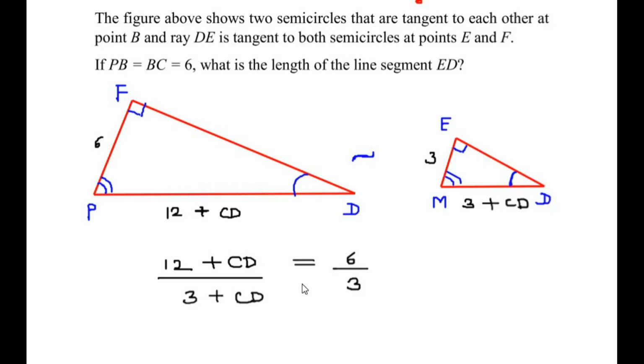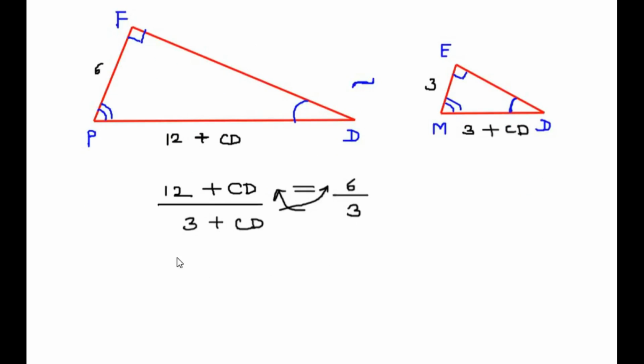Now let us just cross multiply, that is 3 multiplies with this and 6 multiplies with this. So 3 times 12 gives us 36 plus 3 times CD gives us 3 CD is equal to 6 times 3 gives us 18 plus 6 times CD gives us 6 CD.